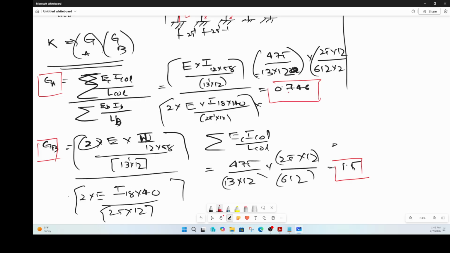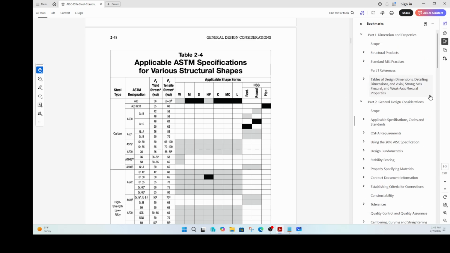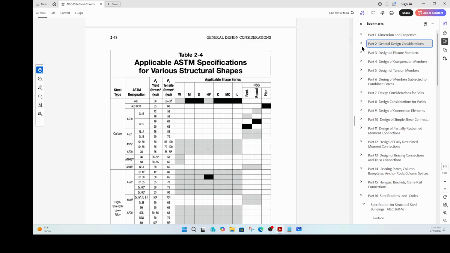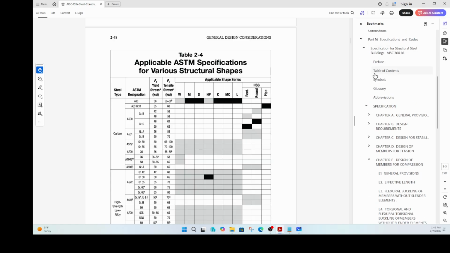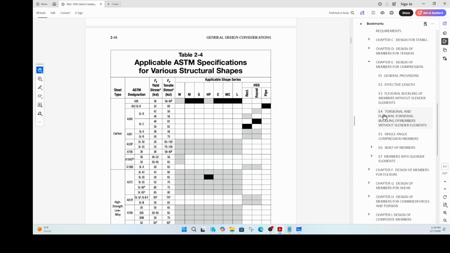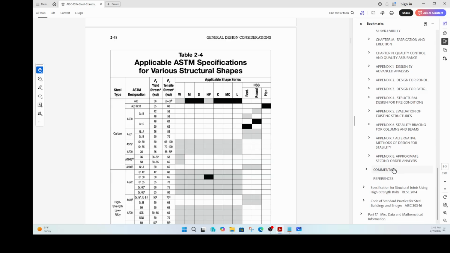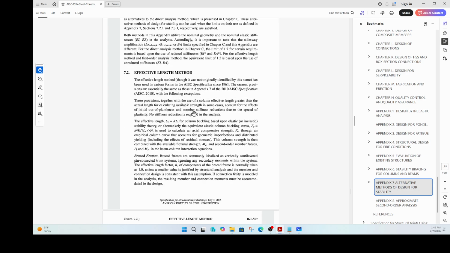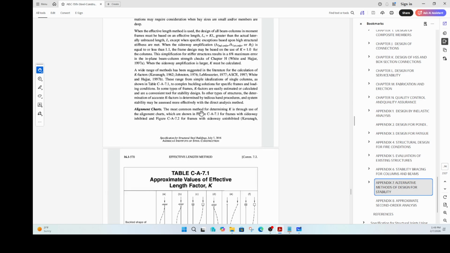Now you have to get into the alignment chart. Okay, so the alignment chart is hidden, I think, in the commentary section of the appendix, right? So here is the commentary section, and you get into appendix 7, and that's where the alignment chart is hidden.